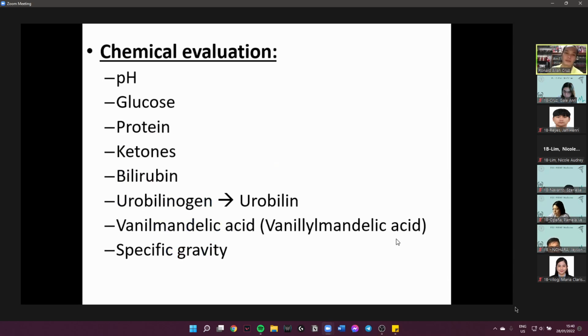Okay. So that's the physical properties of your urine. Now let's go to your chemical evaluation. So these are the parameters that are typically determined with your urine sample. No? Your pH, glucose content, protein, ketones. No? Ketones, this is reflective if your patient is on a diet.